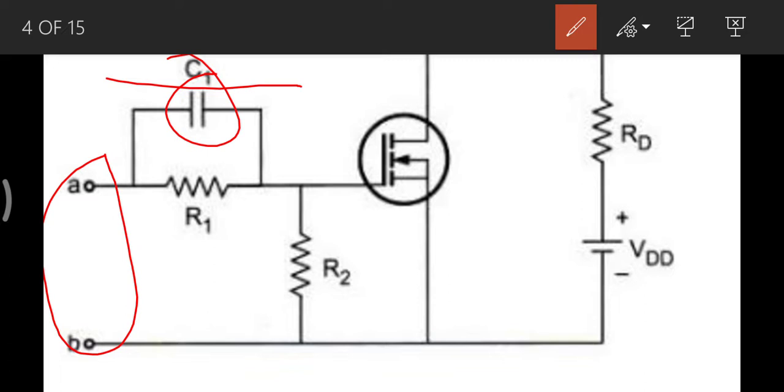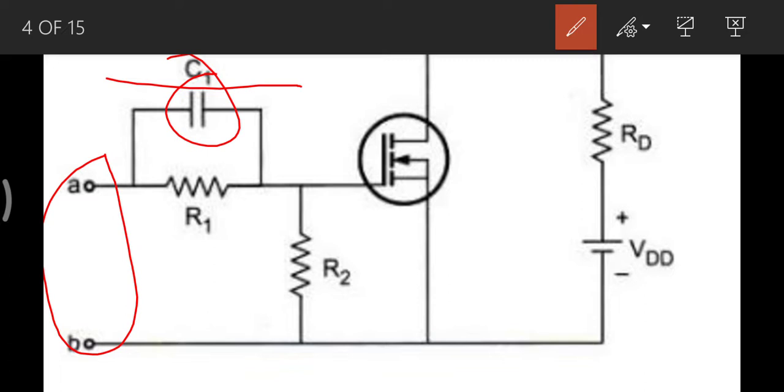After that, it charges the gate source capacitance quickly. Initially a large amount of current passes through the capacitor, because this capacitor acts as a short circuit at initial conditions. After that, within a very short span, this capacitor starts charging.